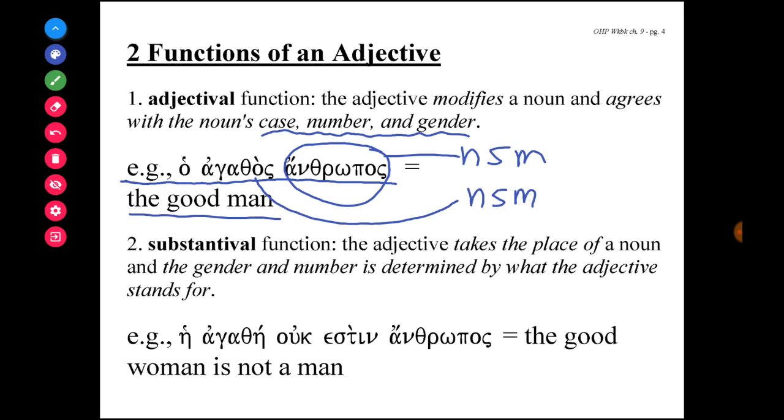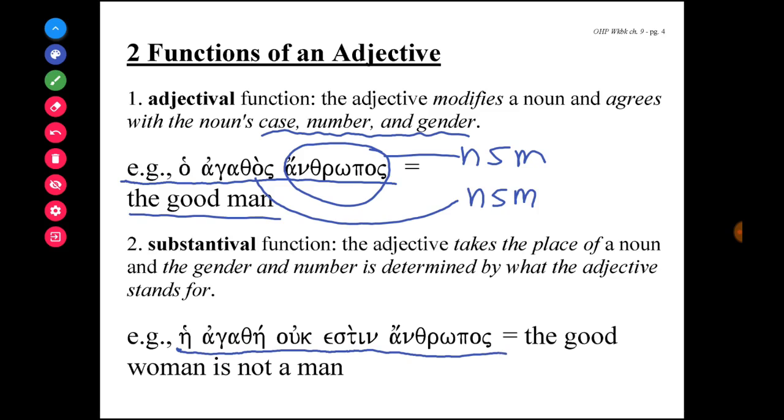With the substantive function, the adjective takes the place of a noun, and so the gender and number are determined by what the antecedent is or what the adjective stands for. And then also its case depends on how it's used in the sentence. So if I want to say the good woman is not a man, he agathe ouk estin anthropos.